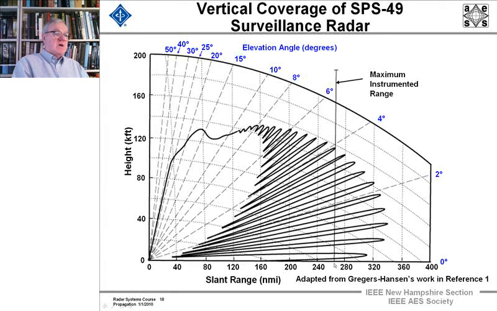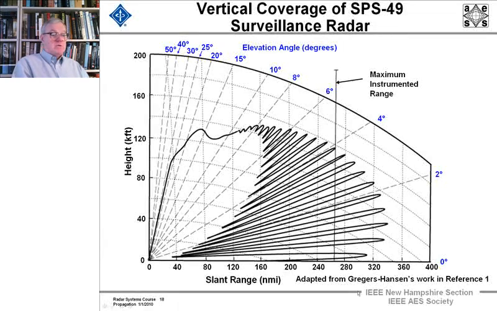It should see that target of 1 meter squared out to 260 nautical miles. And this is as a function of height and slant range. You notice that there are significant lobes where you can see beyond the instrumented maximum range if there was no multipath.